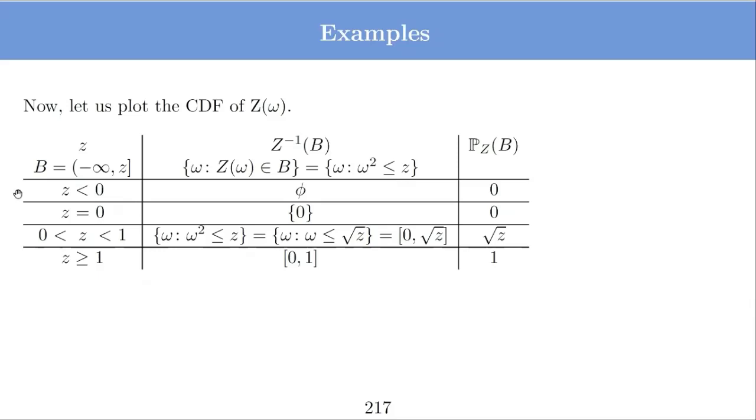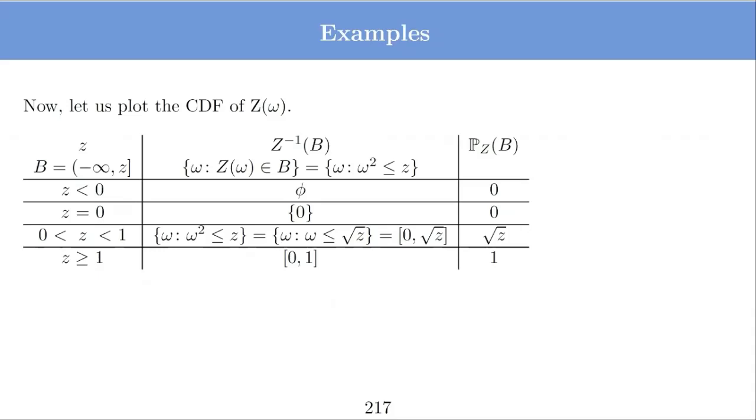So when I say z is less than 0, this means omega square should be less than or equal to z, and z is a negative number. So what are the omegas such that omega square is less than a negative number? There are no omegas. So the set will be empty, and the probability of that empty set will be 0.